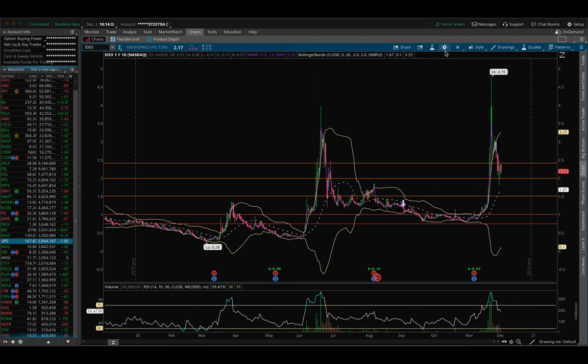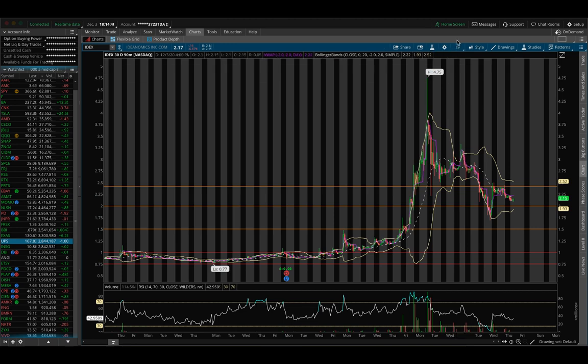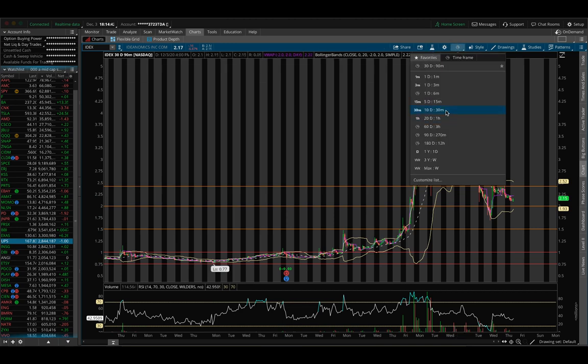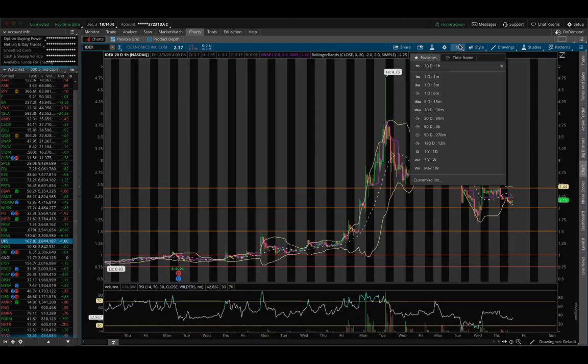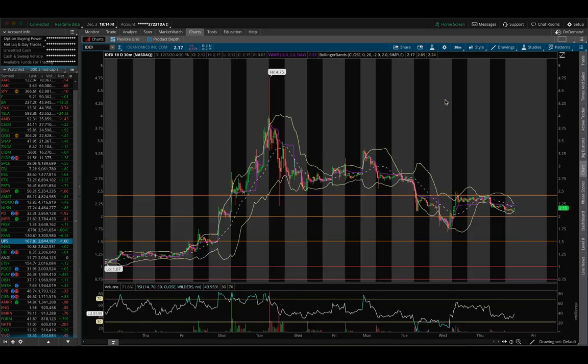Wherever you're seeing key levels, the daily is really good, but if you're looking for anything more than that, you're going to have to go down to a shorter time frame. Here's a perfect example why, you could even use a 5-day chart or a 10-day chart.